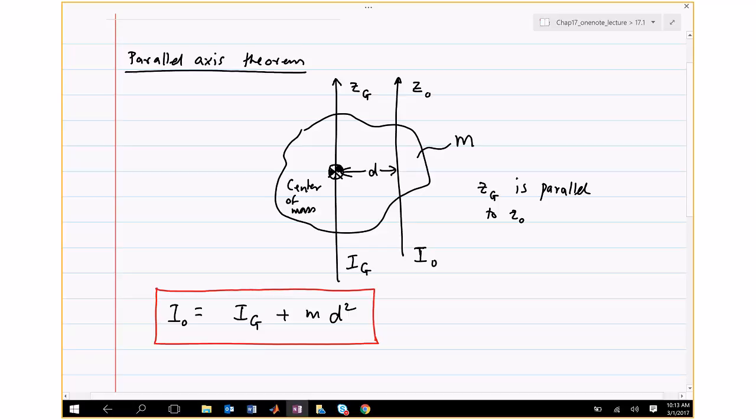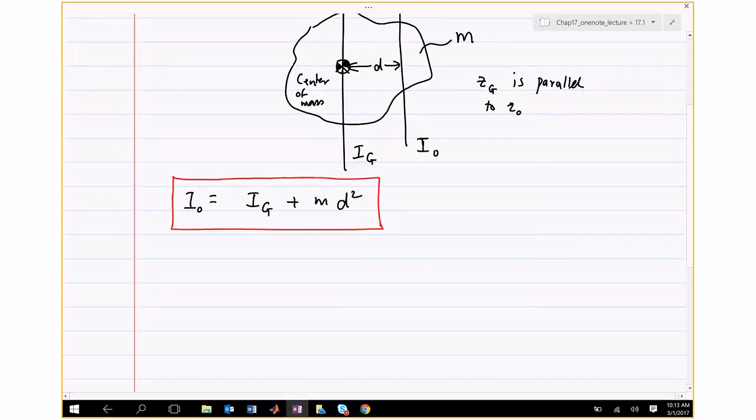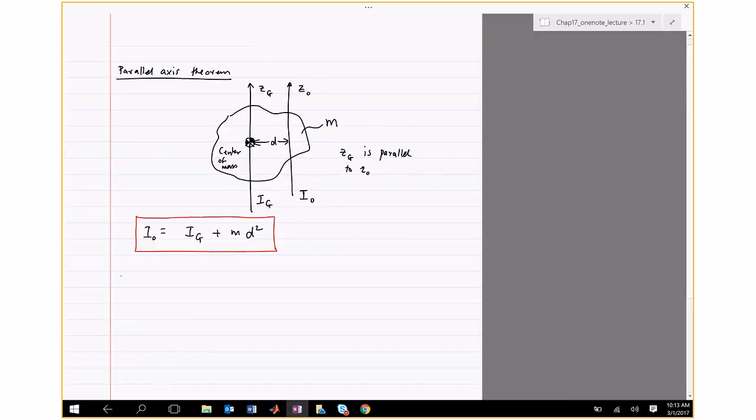Okay, and the last thing before we start solving problems is what is known as radius of gyration, whatever you like to call it. So what happens is many times in the handbooks they will not give you, for example, for a disk, the radius of the disk, but they will tell you that the radius of gyration is k.